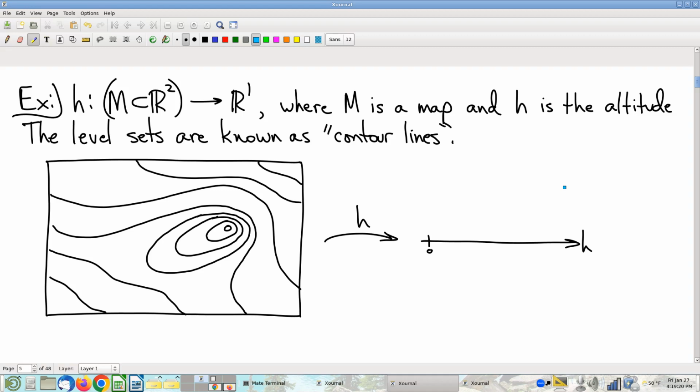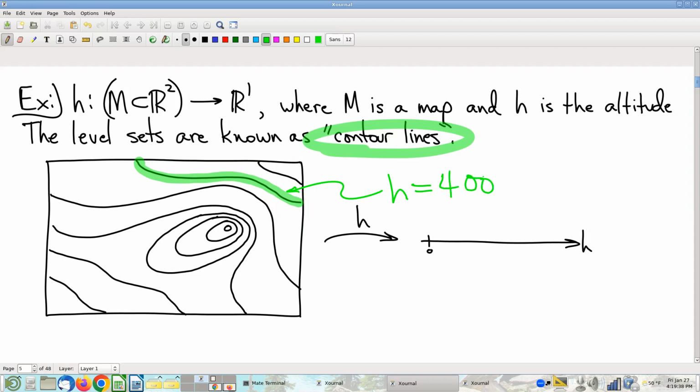So what it is is a topographical map. A topographical map shows a bunch of curves like this called contour lines, each of which represents a constant value. Let's say maybe this is 400. A constant value of the altitude function, right?